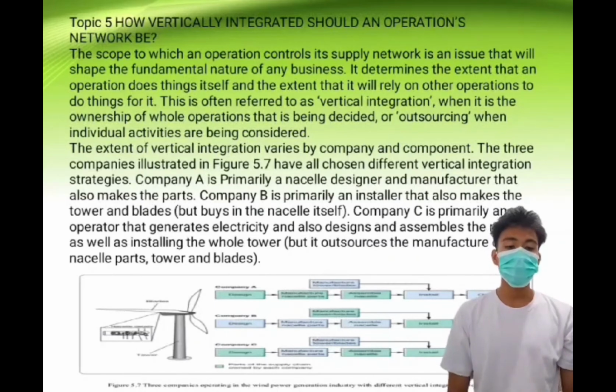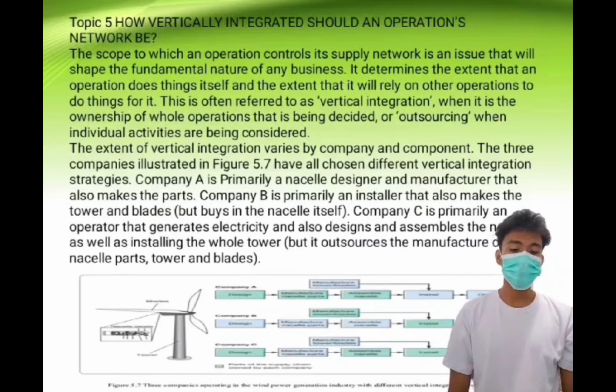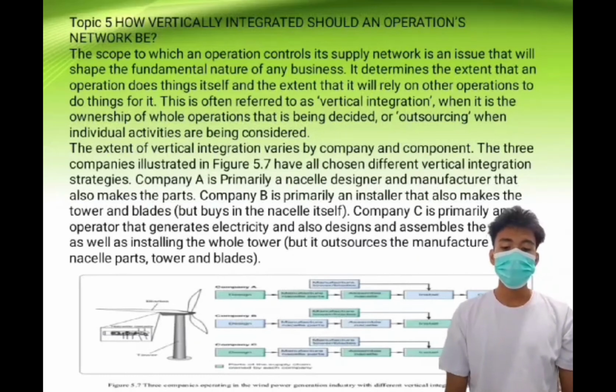It determines the extent that an operation does things itself and the extent that it will rely on other operations to do things for it. This is often referred to as vertical integration when it is the ownership of whole operations that is being decided, or outsourcing when individual activities are being considered.